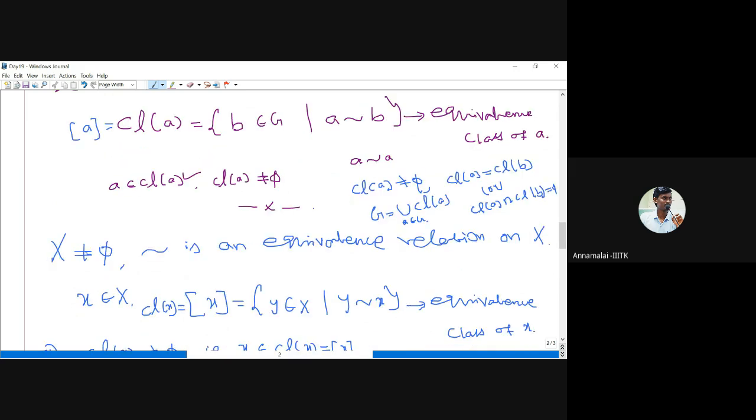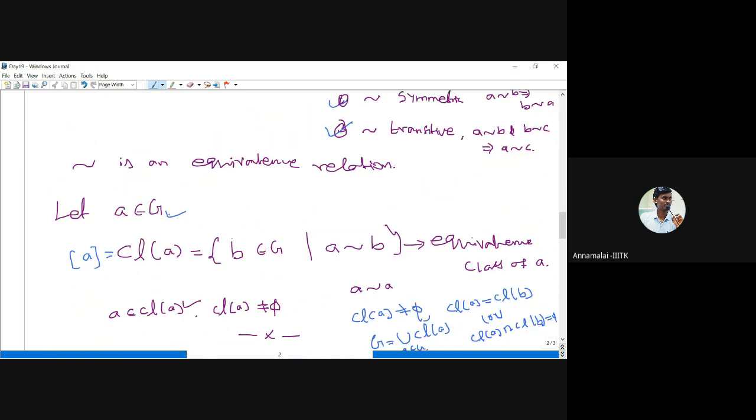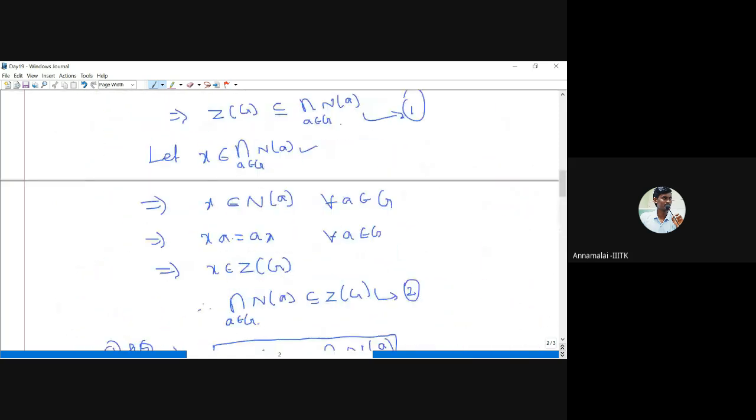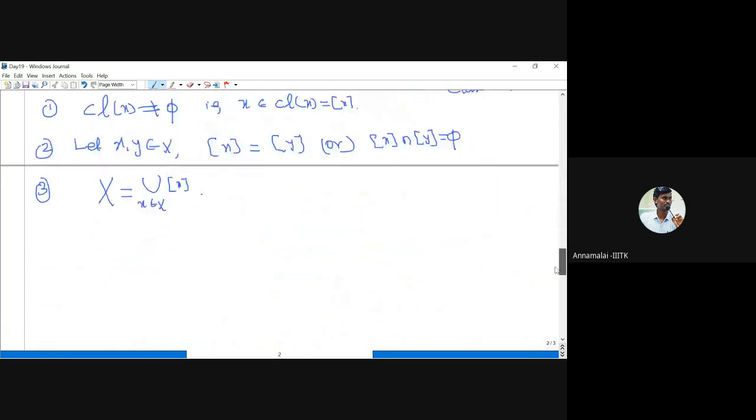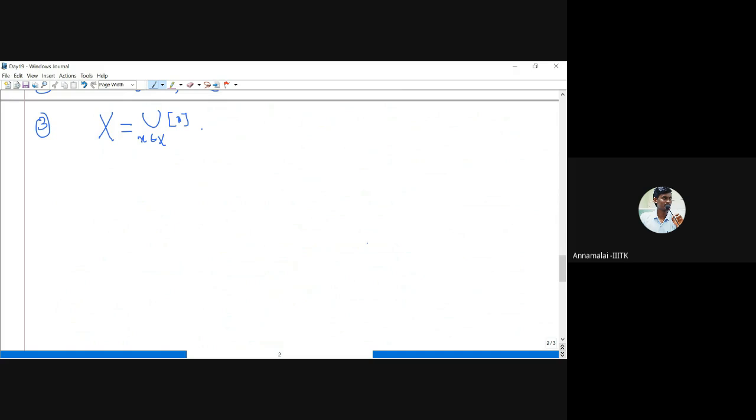Now there is a relation between the CL of a and N of a. The CL of a corresponds to G by N of a.